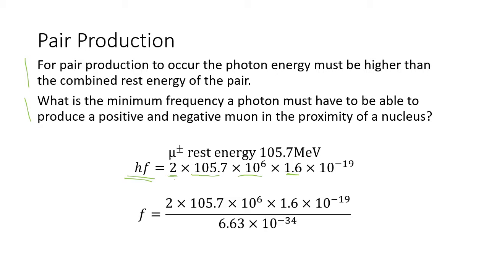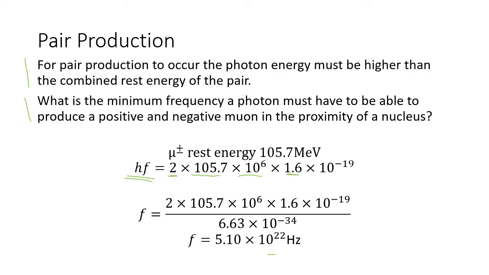That rearranges to that, and when I push the numbers on the calculator, I get 5.1 times 10 to the 22 hertz. An enormous frequency, well above anything that we would ever normally think about, but perfectly possible when we're talking about the kind of energetic events that happen in the top of the atmosphere when cosmic rays, high energy protons, smack into the top of the atmosphere.